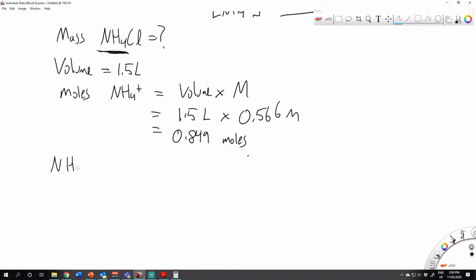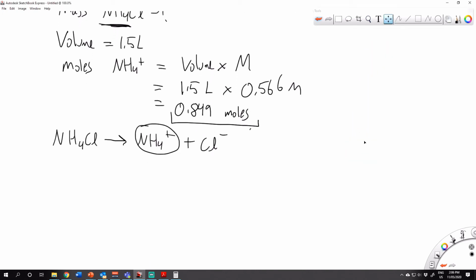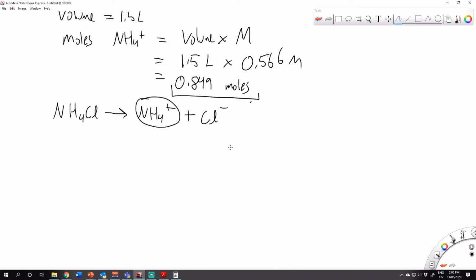Well, we're going to go back to the first chemical equation I wrote, which was the dissolving of NH4Cl to this. Okay, so if I have this many moles of NH4+, using our balanced equation, how many moles of NH4Cl are going to be necessary?